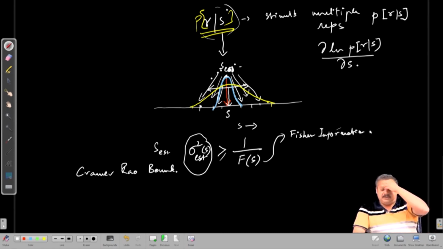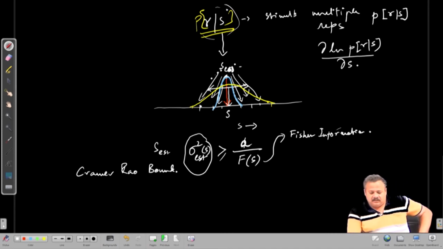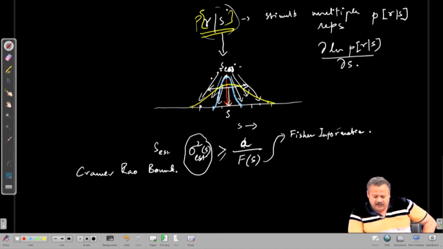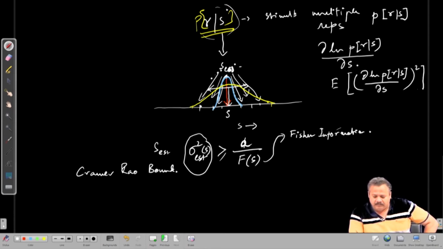Let us put a scalar here in any case. The Fisher information is given as the expectation of the square of the score, that is, del log P of R given S, del S, squared.